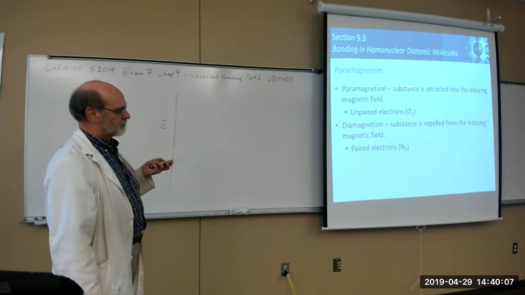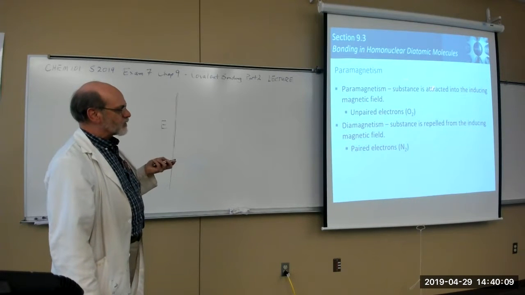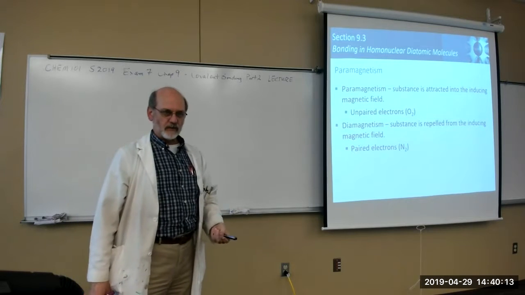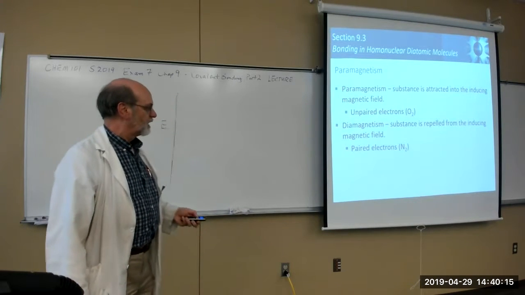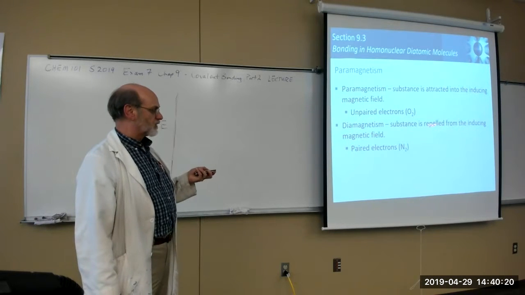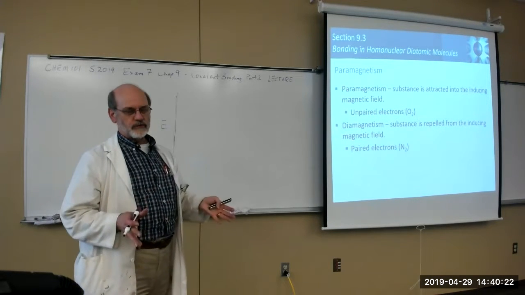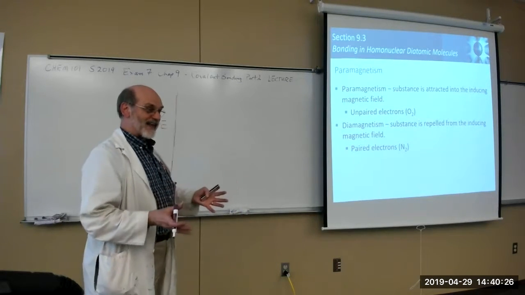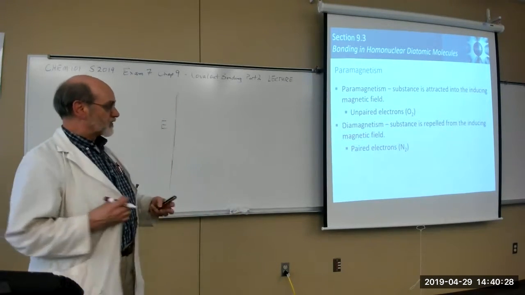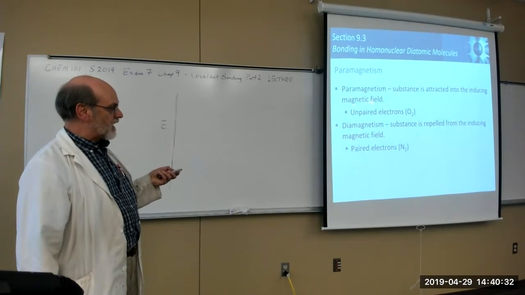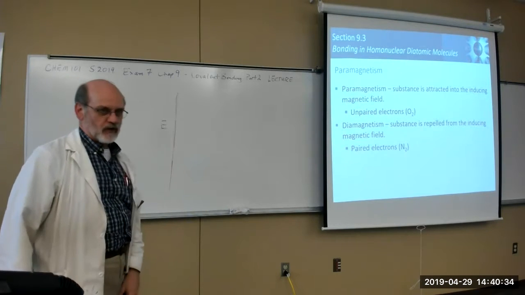Paramagnetism is characteristic of a substance that's attracted into a magnetic field. Diamagnetism is a substance that is repelled or not attracted to a magnetic field. So why is that? Well, the simplest explanation is the paramagnetic material has at least one unpaired electron.